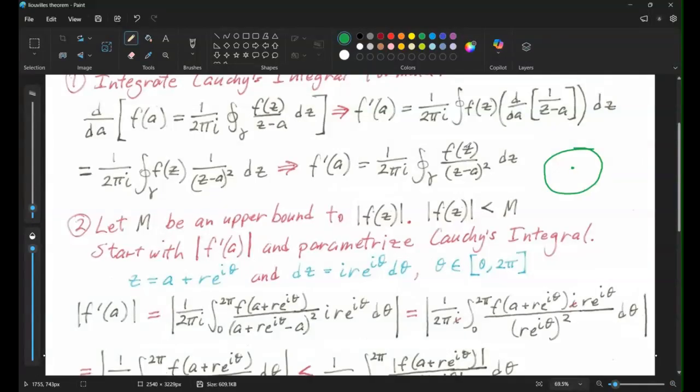And so we replace z with that. And then dz d theta is just going to be this. And then we put the d theta over here. And so we can replace dz with this. And so dz has been replaced by that.